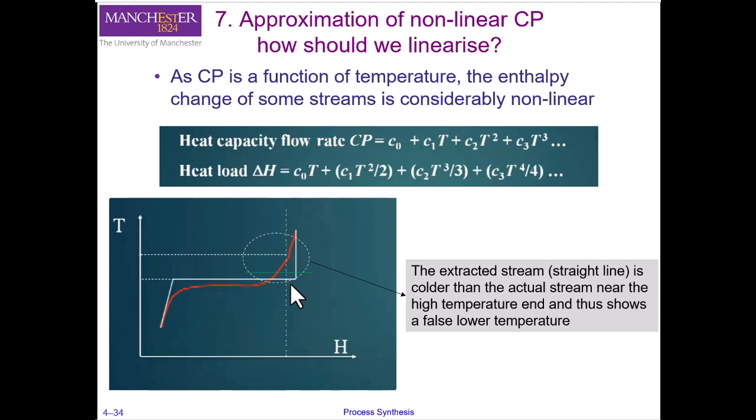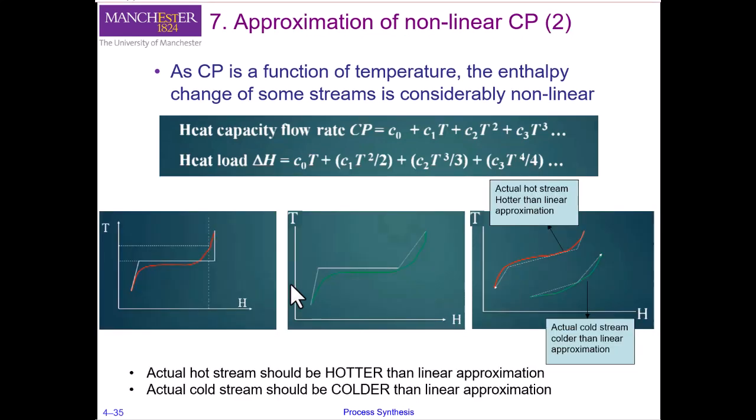So this rule guides us on how we can approximate the stream of a non-linear CP. So the rule is that if you have a cold stream, you approximate it with a linear stream where the cold stream is actually colder than the linear approximation. So as you can see here, your actual cold stream is colder than the linear approximation.